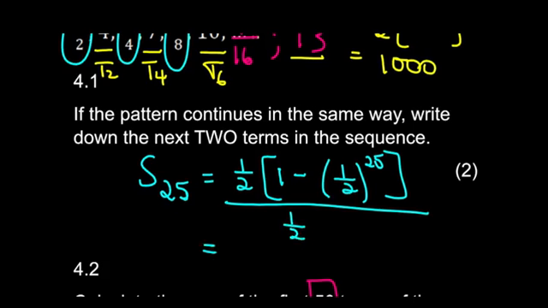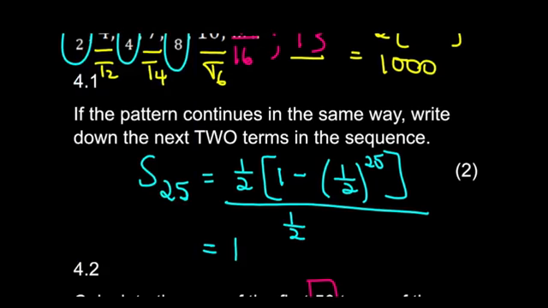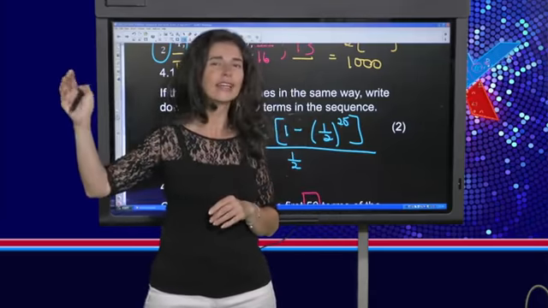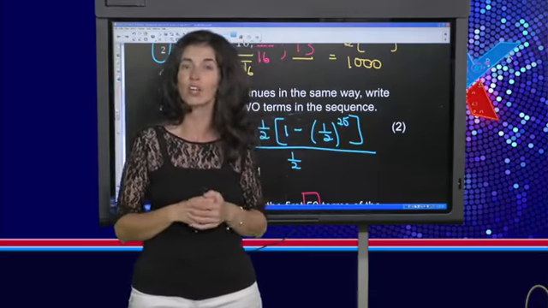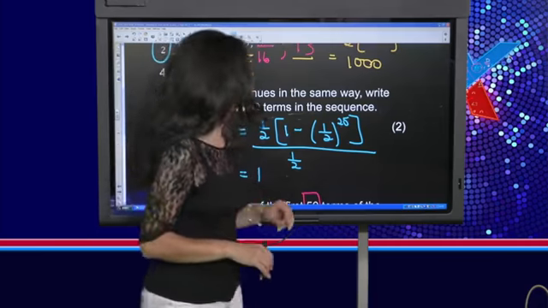So our sum of 25 would be very small, about 1. That fraction, a half, a quarter, an eighth, is getting tinier and tinier, closer and closer to 0, so it's a negligible number that you're actually adding. So the sum total of those two sequences would be 1001.